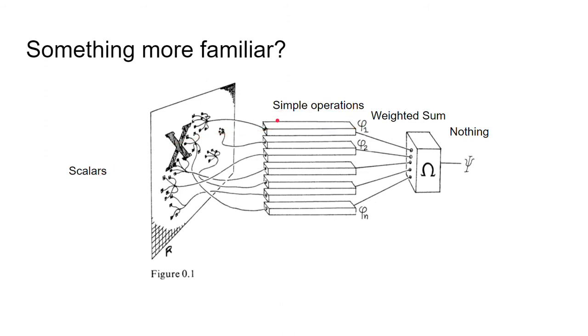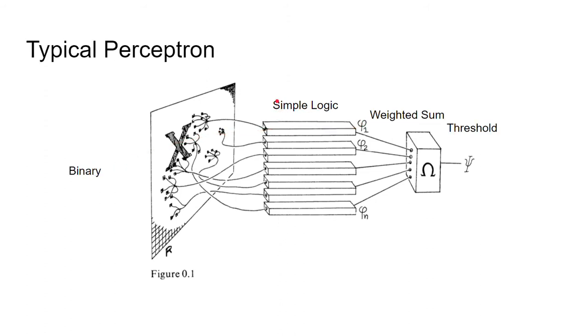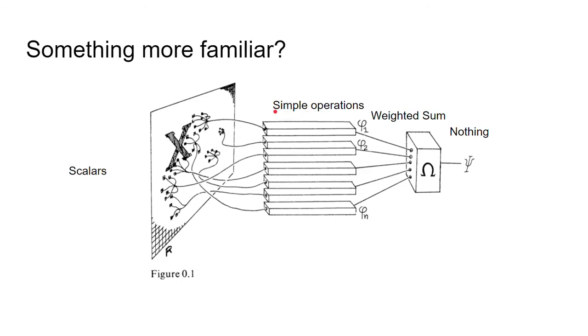Then instead of simple logic operations, we're now going to do general mathematical operations. So we've generalized that a little bit. The weighted sum stays as a weighted sum, and then instead of doing a threshold operation, we're going to do nothing at all out here. Is that potentially familiar to some people?